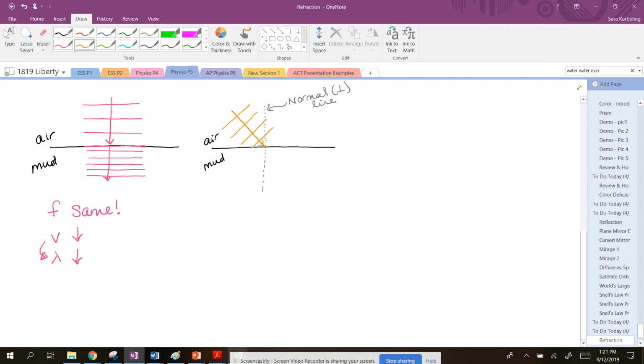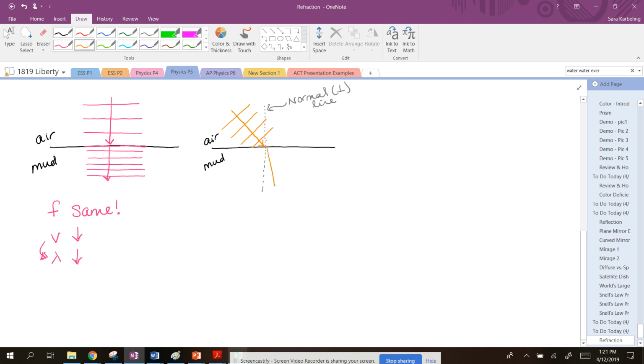Their steps got smaller, right? And as a result of their steps getting smaller, what happened to the direction of the ray? It got closer to the normal line. It bent, didn't it? Yeah, so instead of going like this, they went like that.